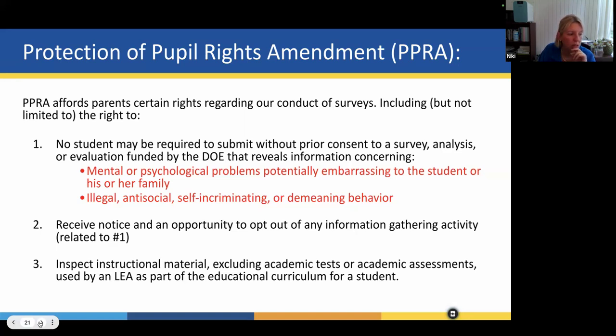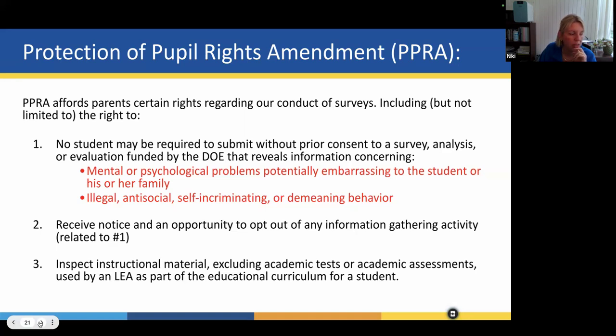Mental or psychological problems that are potentially embarrassing to the student, his or her family, illegal, antisocial, self-incriminating, or demeaning behavior. If those types of things are being disclosed, a parent has to be provided the opportunity to opt out. So we can't do that without parental consent.